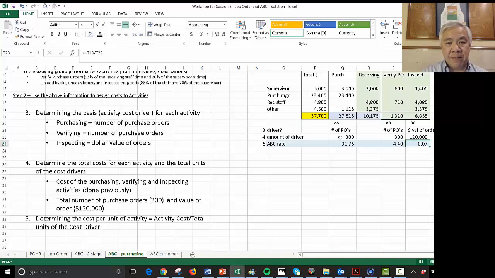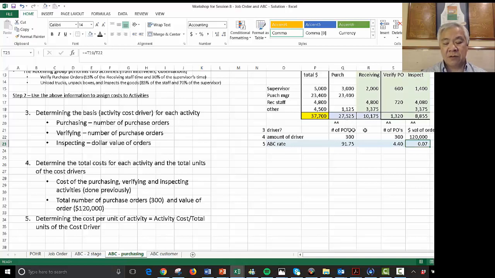So that's how we use ABC, starting with the department, which was right here in yellow, then breaking into functions, which we had two, purchasing and receiving. Then we split out into activities, which were necessitated, taking this one function and further refining it into two activities of verification of PO and inspection. Once we know the activities and the allocated costs, we then go to what is the driver.